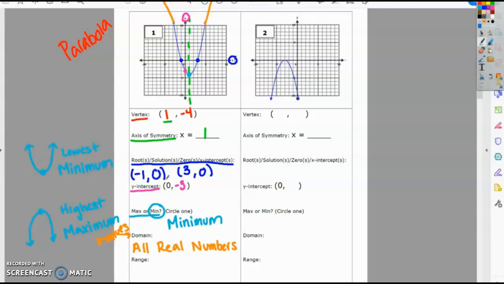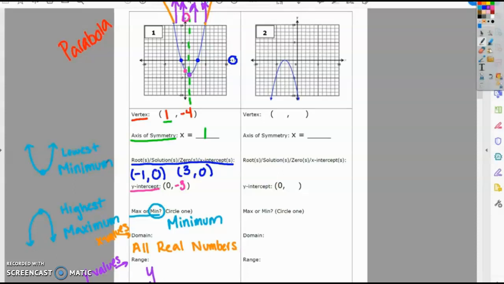And last we have our range, which is our y values. If you notice, our y values go up forever here. They're going to keep going up forever. But notice down here, our graph never touches these points down here. So it's going to be everything above our vertex will be our range here.